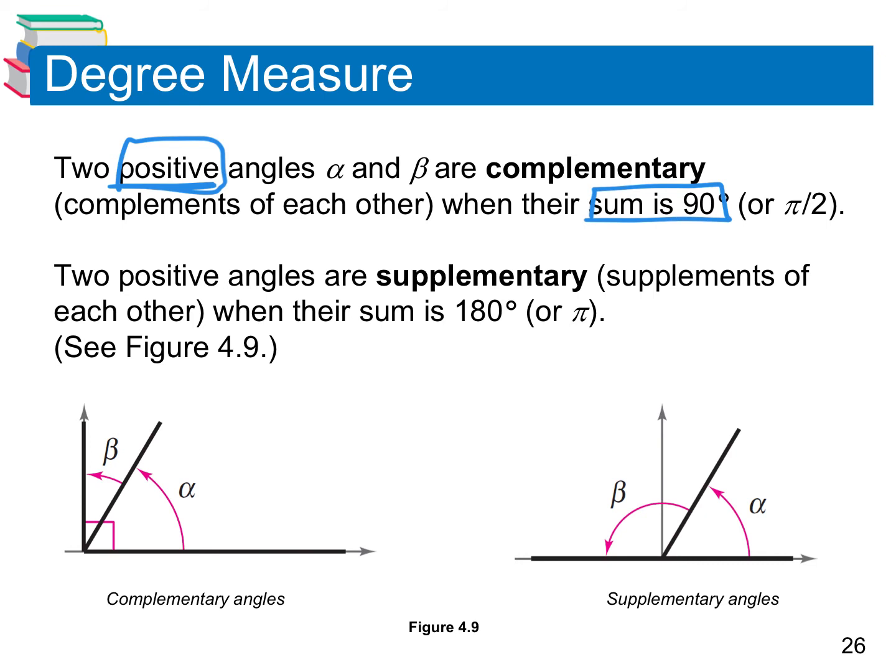Two positive angles are supplementary, or supplements of each other, when their sum is 180. One way to tell the difference is that supplementary is like super, so that's the bigger one. The other one's just 90. So complementary is two angles that add up to 90, supplementary is two angles that add up to 180. And both angles have to be positive.